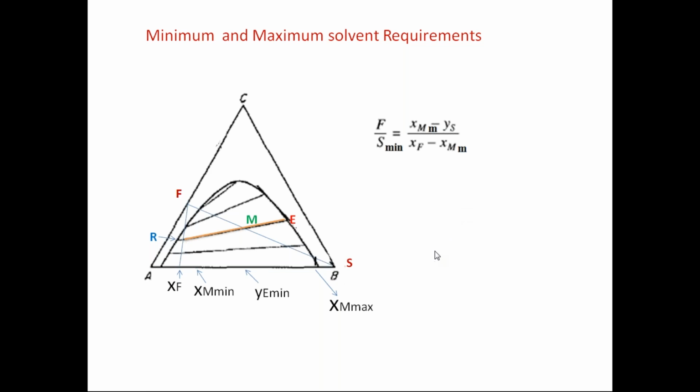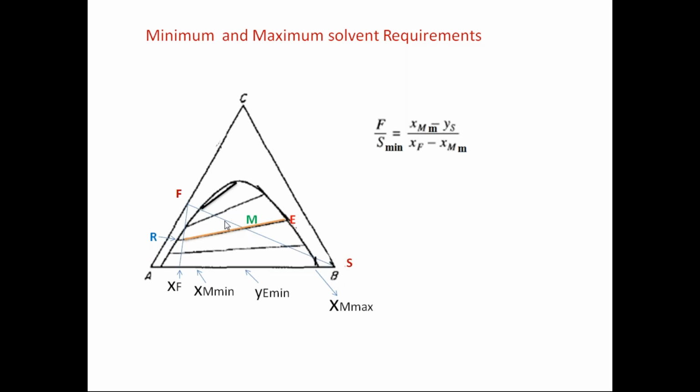See, you have to just draw one tie line which goes to this point, because if M is very concentrated, how can M become very concentrated? If you add less quantity of solvent, then M will become very concentrated.